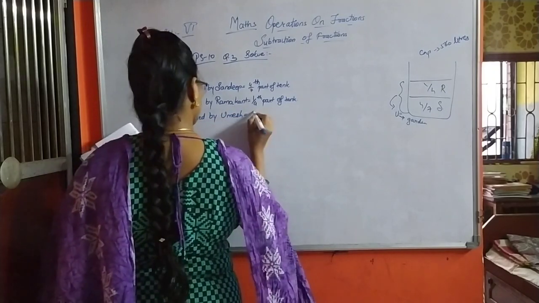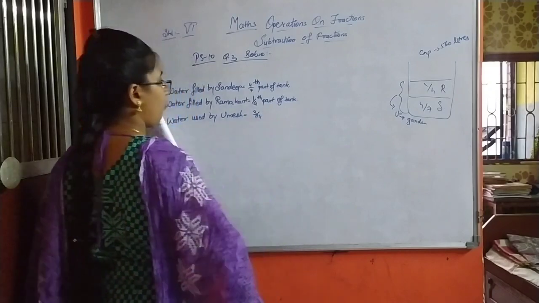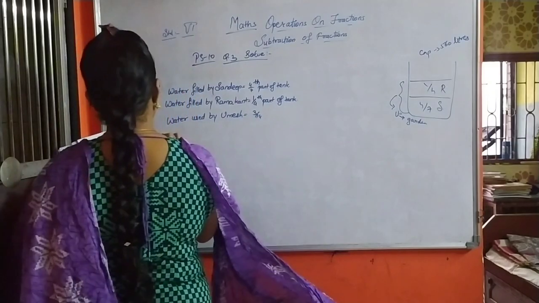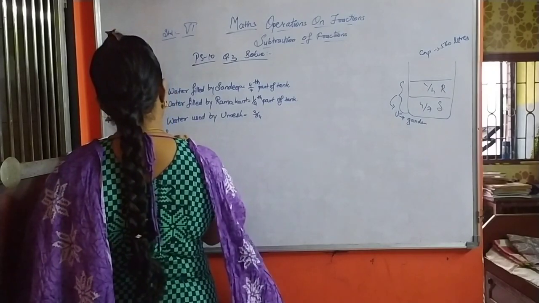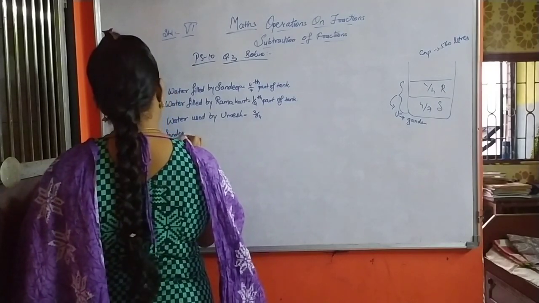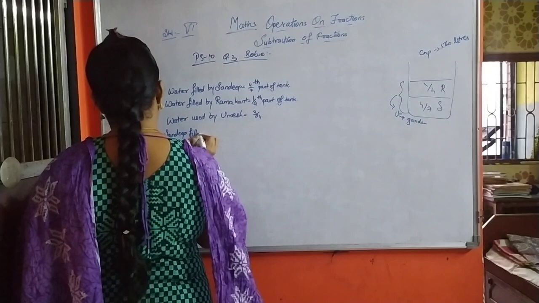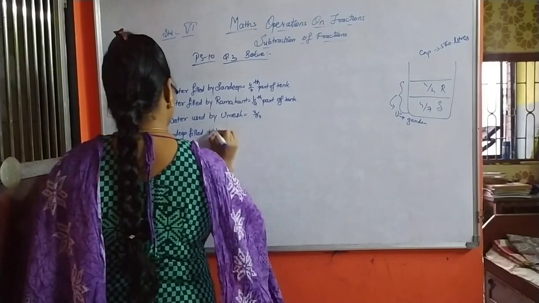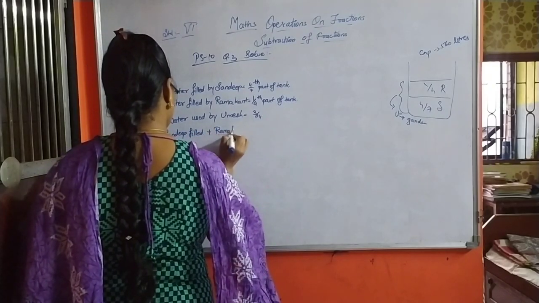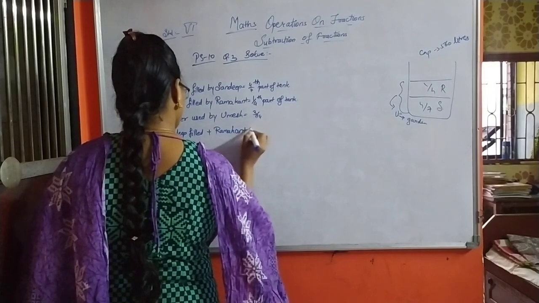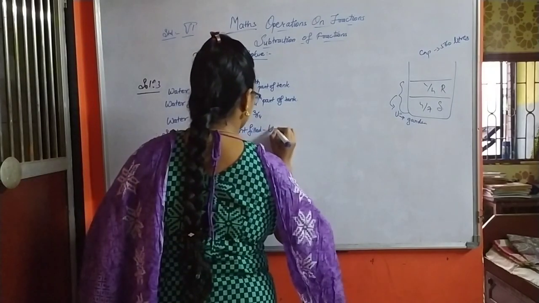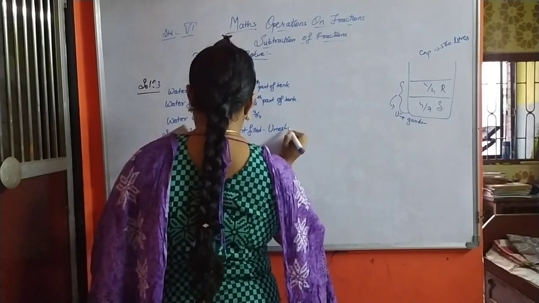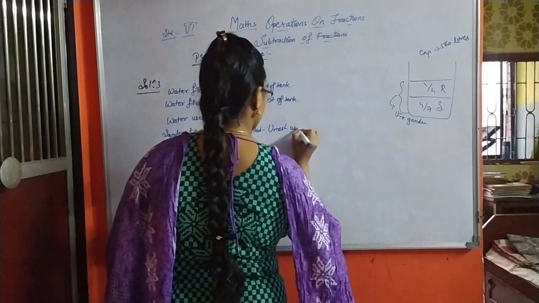Now what we will do is, to find the actual answer, we have to add Sandeep filled plus Ramakant's filled minus Umesh used.